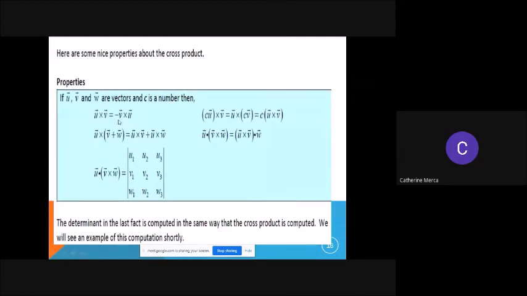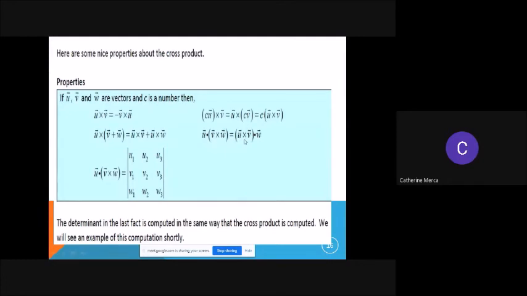U cross (V plus W), you can distribute the U vector. If you have (cU) cross V, you can take the scalar value with the second vector, multiply it, and then take the cross product. It's the same.